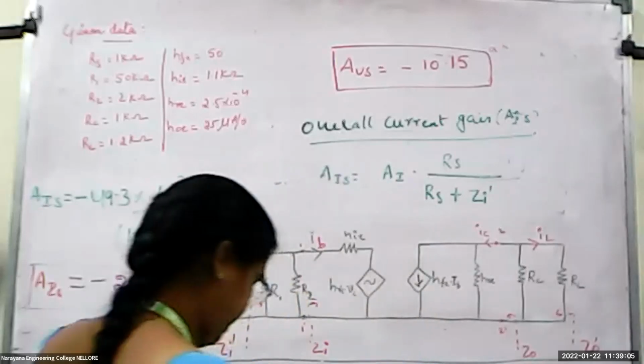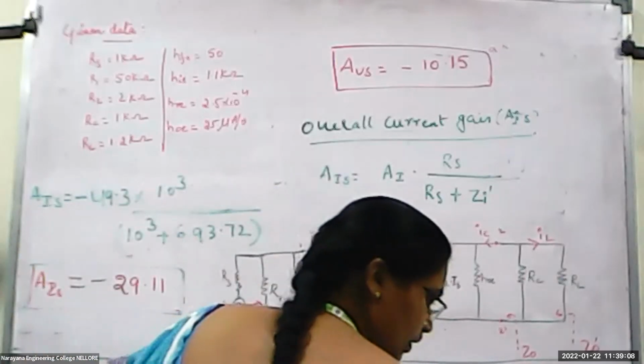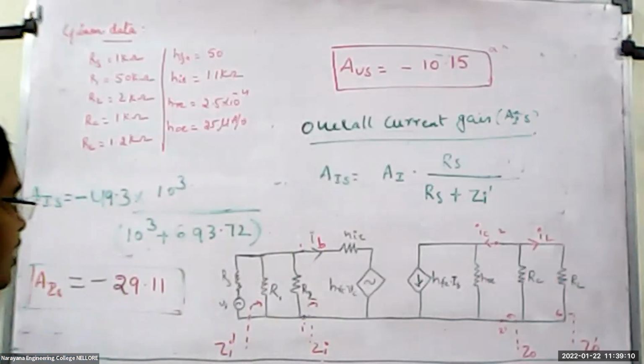Next parameter, output impedance Z naught.